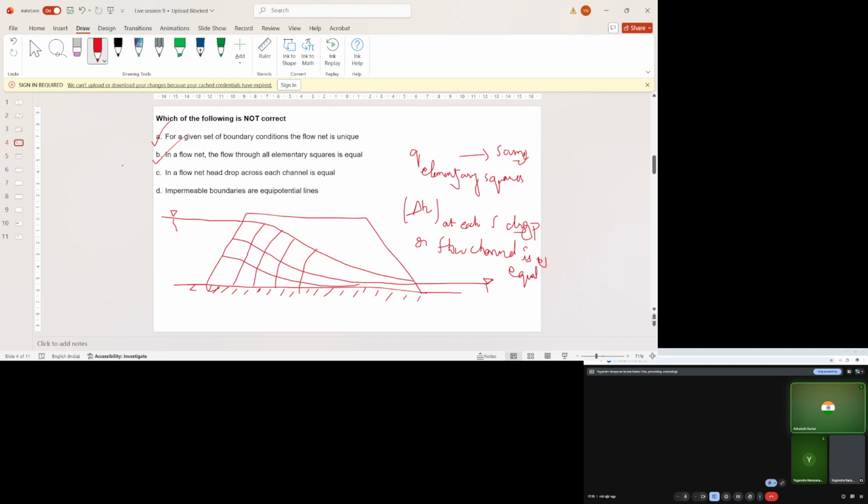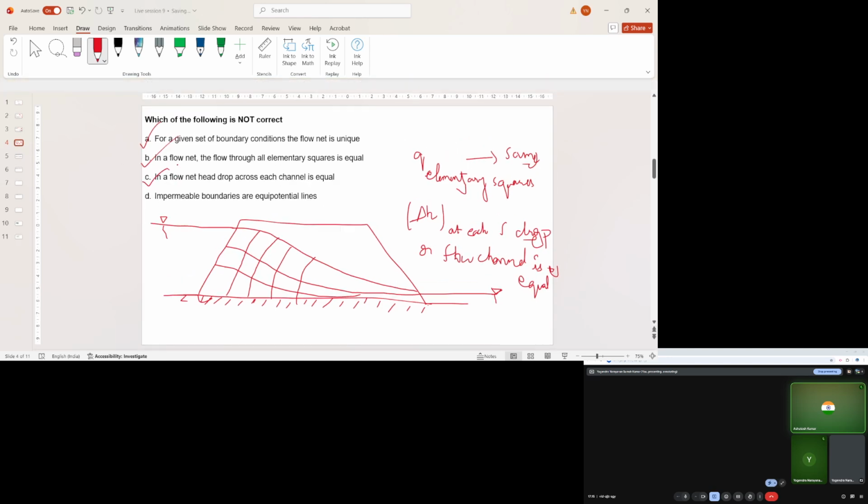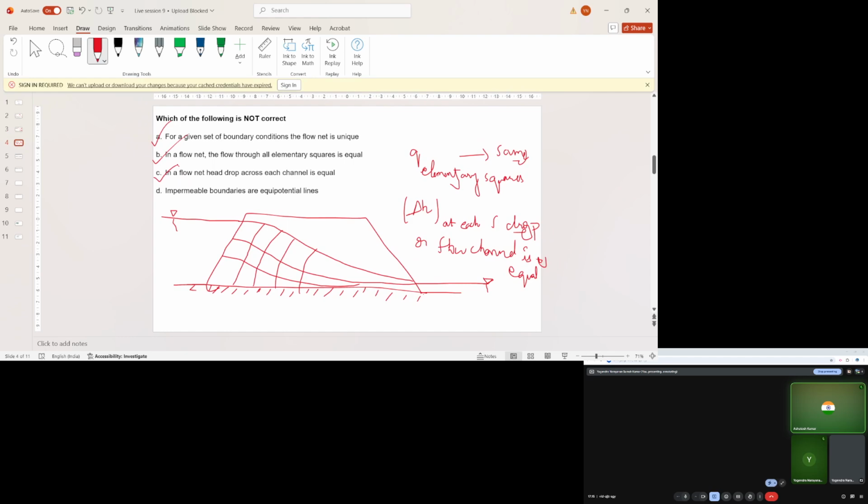So these three are the fundamental properties of flow nets. All right, any doubts till now?